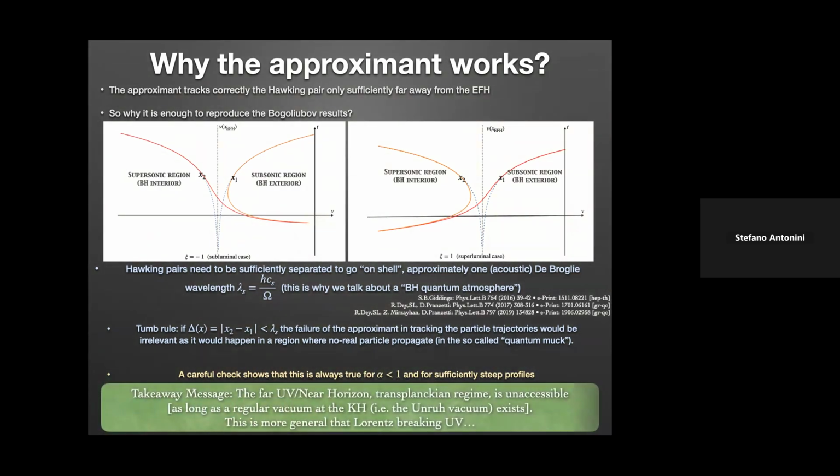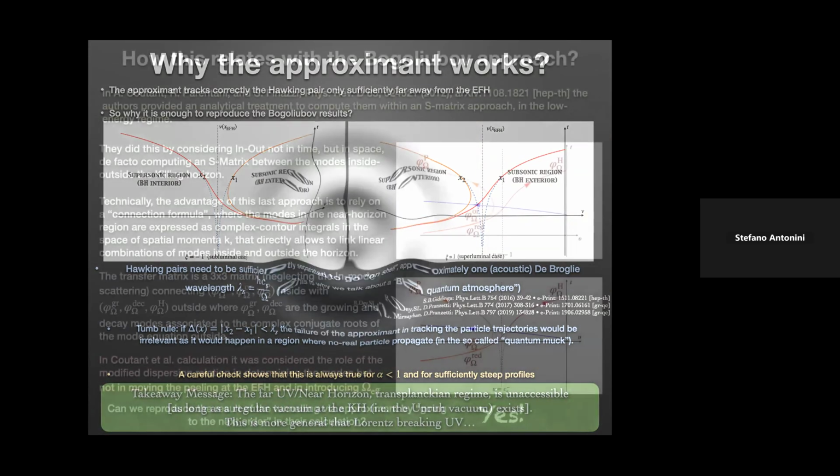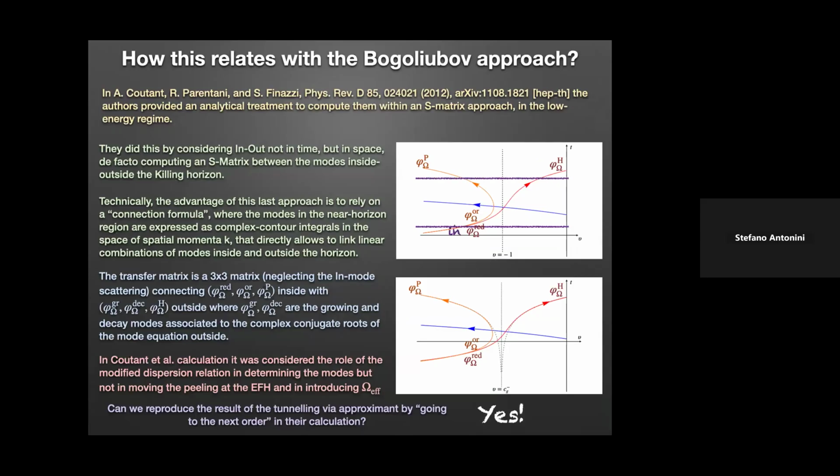Now, I just want to close by saying that we recently did the same analysis following step-by-step the only analytical calculation present in the literature, by Parentani, Coutin, and Finazzi, where they were computing the scattering matrix not in time, not between in and out, but between interior and exterior. And here you need to have four modes in the interior.